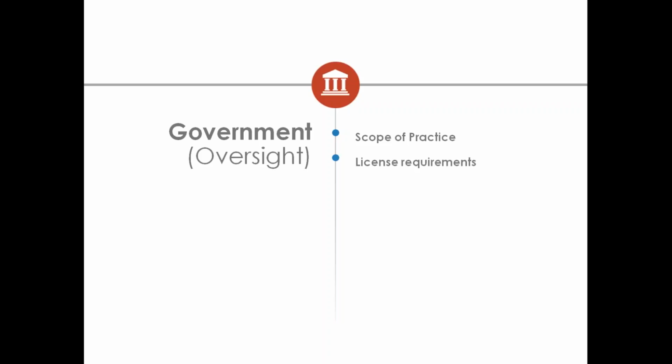They also decide on your license requirements, what you have to do for your license. It's very important that as we move forward into the future, where we can demonstrate this data that's being collected for you as a practitioner, when it is shared with these other organizations, it's understood that you are practicing within your license and those requirements, and that possibly in the near future we can expand on those licenses.